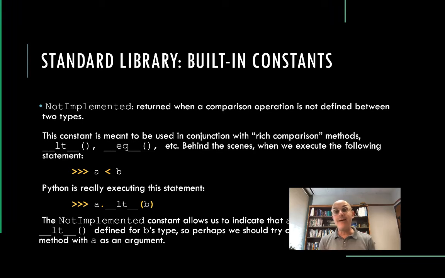It is returned from a comparison operation that is not defined between two types. So the constant is meant to be used in conjunction with rich comparison methods, and we saw that already, where we compare two things using LT with both ends, or EQ on both ends, in order to do a comparison.